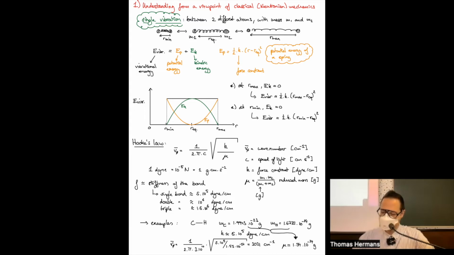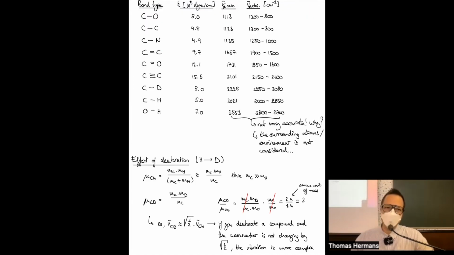Mu is 1.55 times 10 to the minus 24 grams. So this is 3021 centimeter minus 1. If I measure a carbon-hydrogen stretch bond, it should appear at this wave number, 3021. We'll see later that that really depends a bit on the environment.